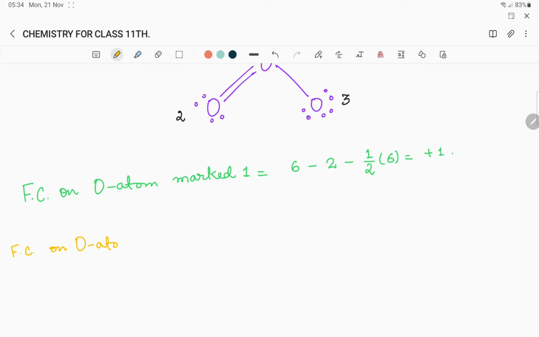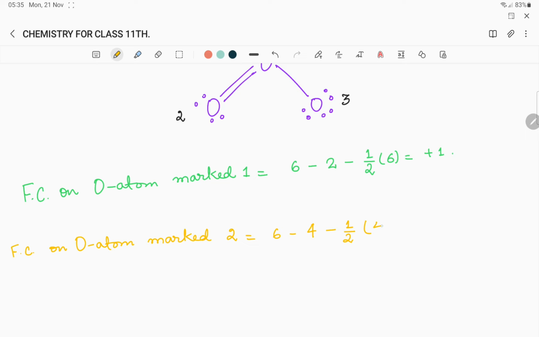All are oxygen, so they will contain the same valence electrons in the free state, that is 6, minus the non-bonding electrons. Here there are 2 lone pairs, meaning a total of 4 non-bonded electrons. The second oxygen atom is forming a double bond, which means it will contain 4 bonding electrons.